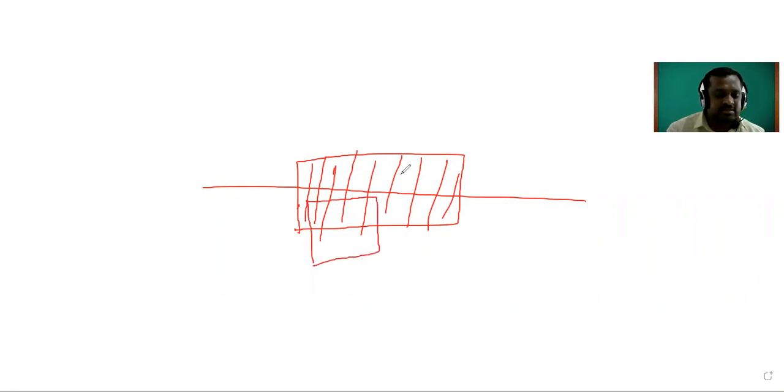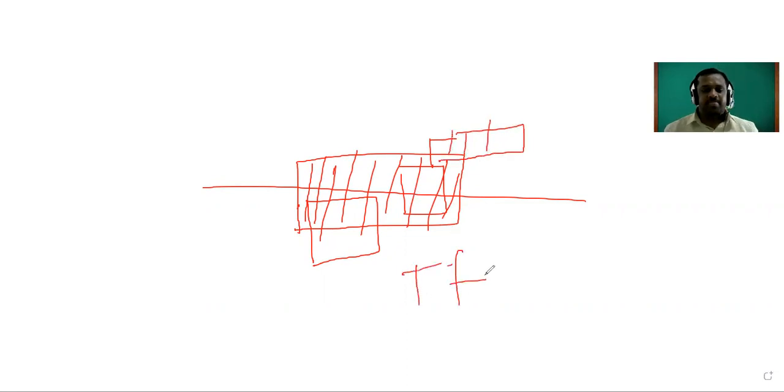It will be like this. Sometimes it will be like this, or sometimes like this. They are overlapping. Anyway, they will overlap. Then it is called the transition. So understood? Yes.